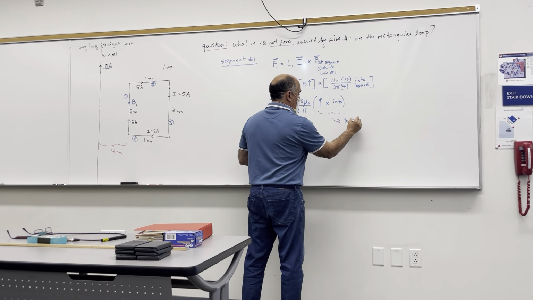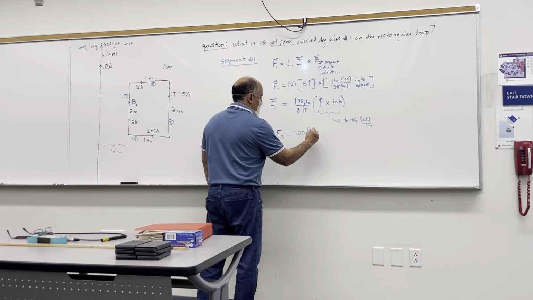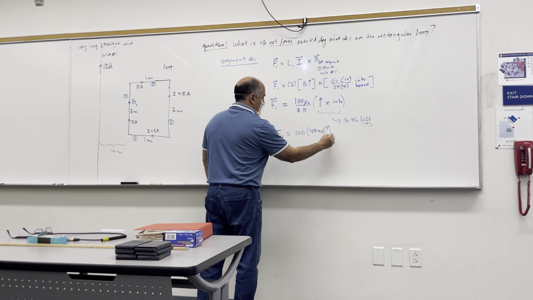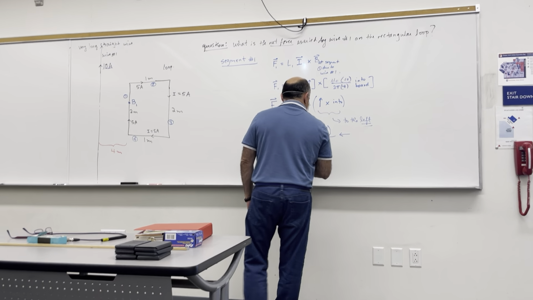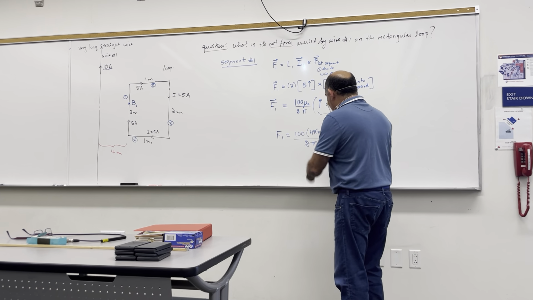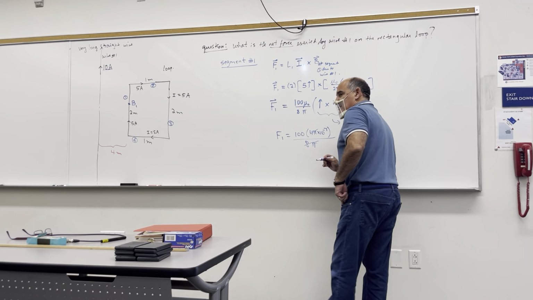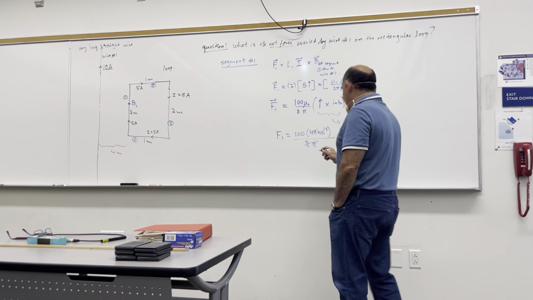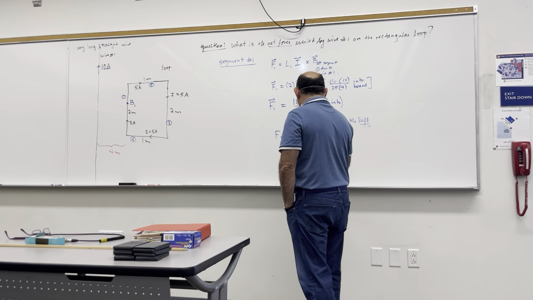For this one, you work this out. This would be 100 times mu naught, which is 4 pi times 10 to the minus 7, divided by 8 pi, and this is to the left. So what would this be? I can see that this cancels that. That gives me a 2. So that's 50. 100 divided by 2 is 50. 50 times 10 to the minus 7 would be 5 times 10 to the minus 6 Tesla to the left.